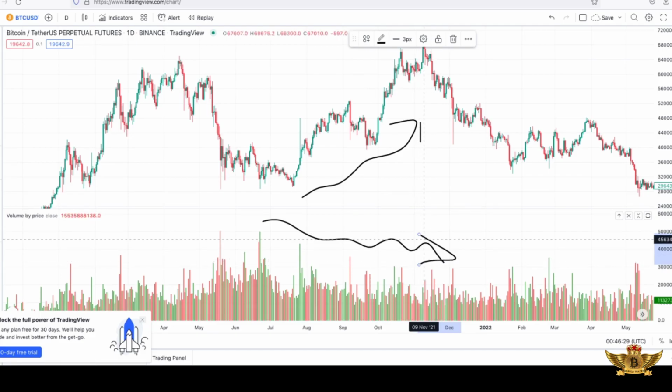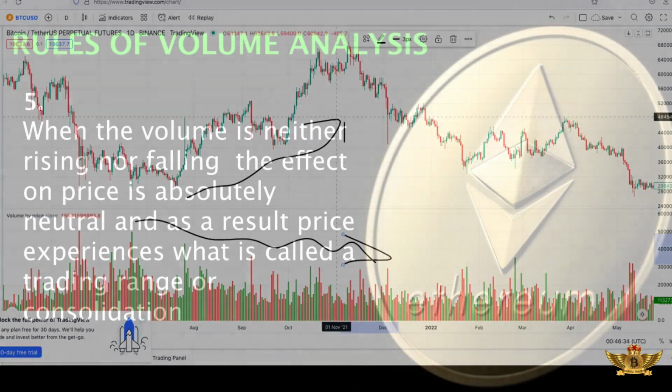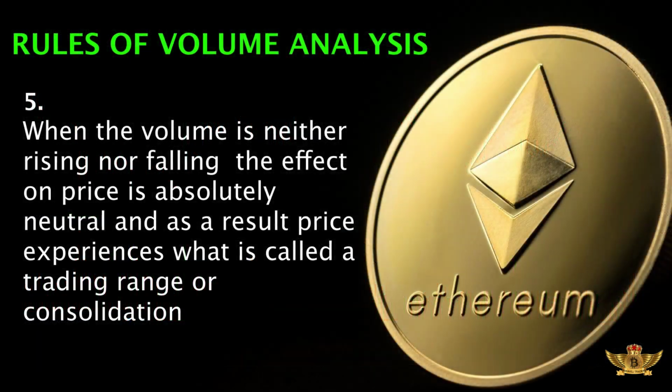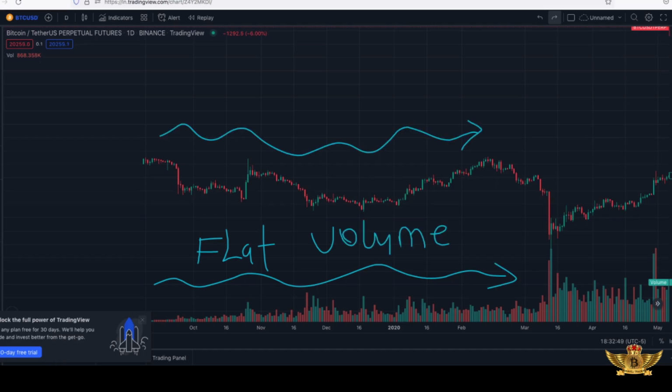So law number 5 says when the volume is neither rising nor falling, the effect on price is absolutely neutral, and as a result, price experiences what is called a trading range. I just mentioned that. A trading range is formed as a result of a momentary equilibrium between buyers and sellers as they drag between themselves.